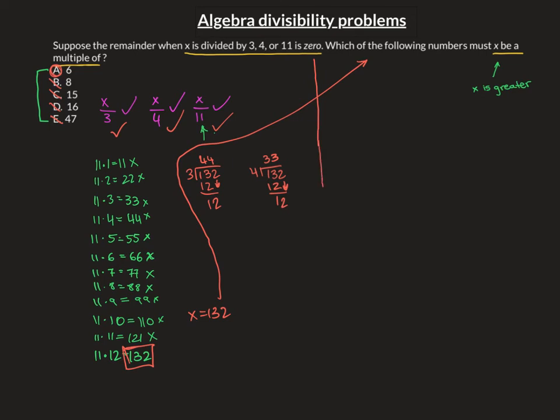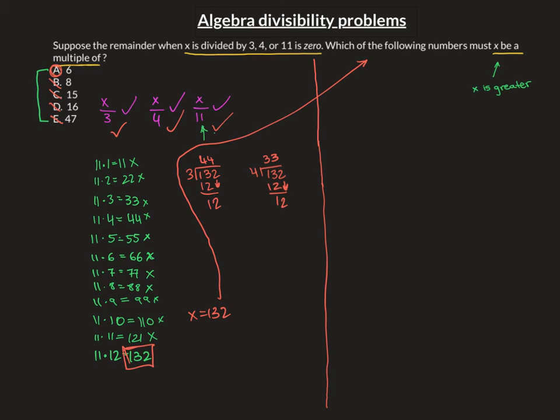Now let's look at the second, easier and shorter method. All we have to do is, because x can be any number as long as it follows the restraints, which is that it must be divisible by 3, 4, and 11, that original number, 6, would work in any scenario.